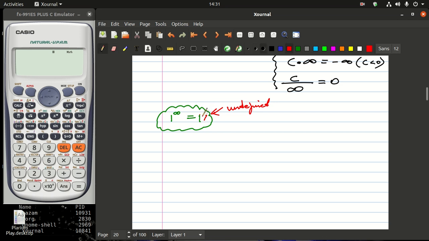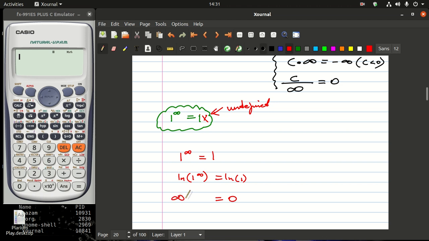Let's assume that this is happening. If this were the case, we would have 1 raised to infinity is equal to 1, which means that if I take a ln on the left, of 1 raised to infinity, and a ln on the right, on the right I would get 0, because the natural log of 1 is 0. And whenever I have a log function with an exponent, I can always bring the exponent down.